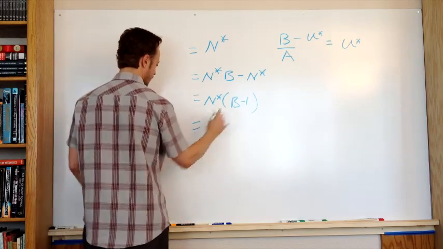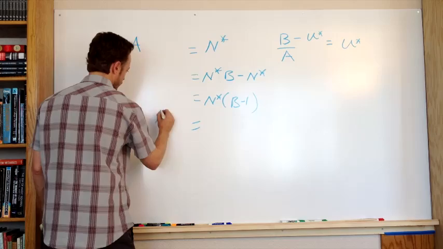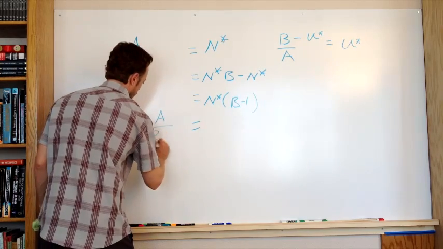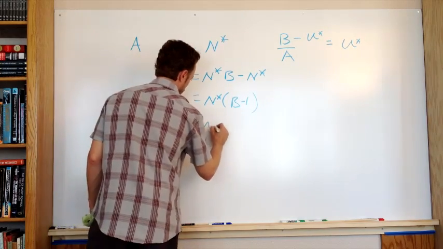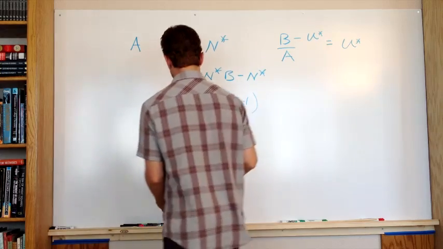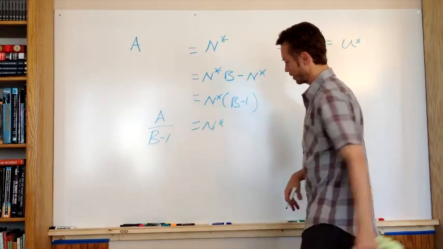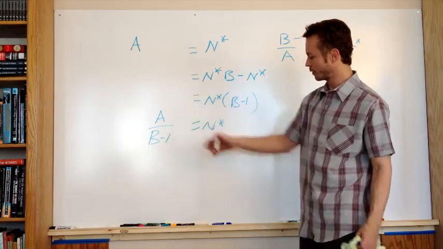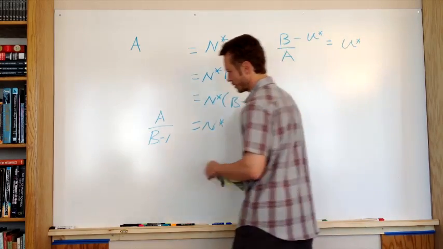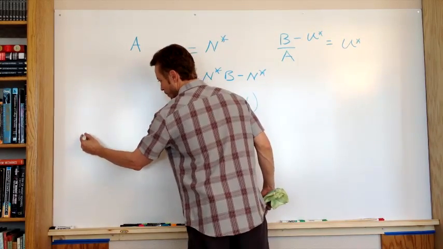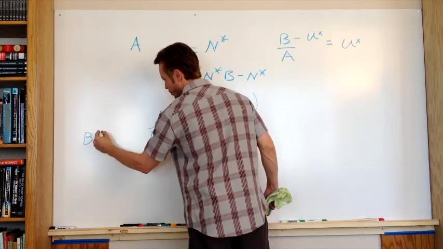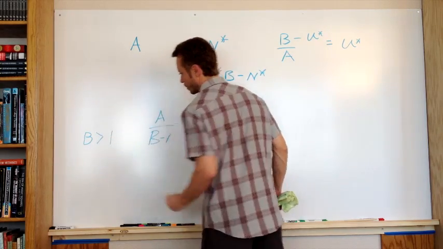What that leaves us, and then we can divide this back over. And so basically what that tells us is that n star equals a over b minus 1. Obviously we're going to put the restriction that b must be greater than 1.